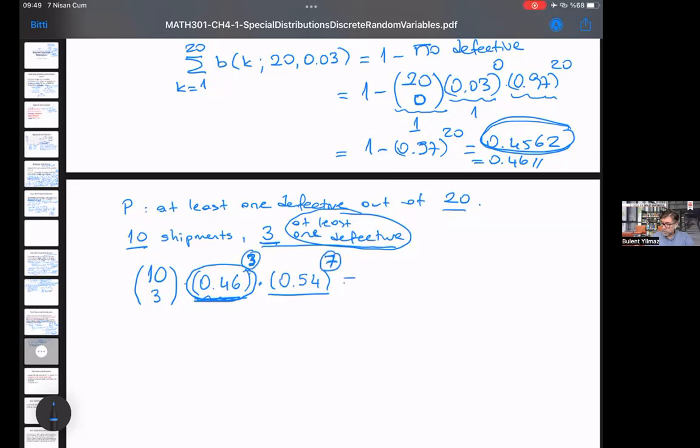So this is the probability of the second part. You see, I am using one binomial, and then using this outcome of that binomial, I'm using it again for the next binomial. Okay, is that clear, guys?